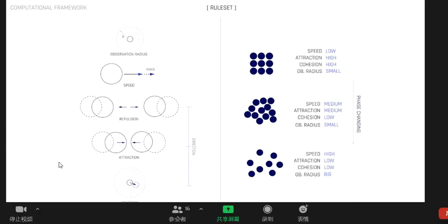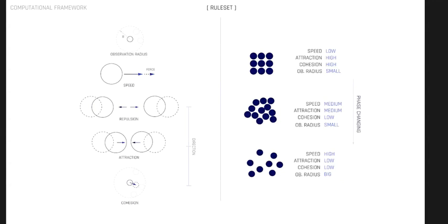Yeah, this could be solid, which we could say has very low speed. The molecules are very slow. They have high attraction, high cohesion, probably quite high, not totally cohesive, and small observation radius.